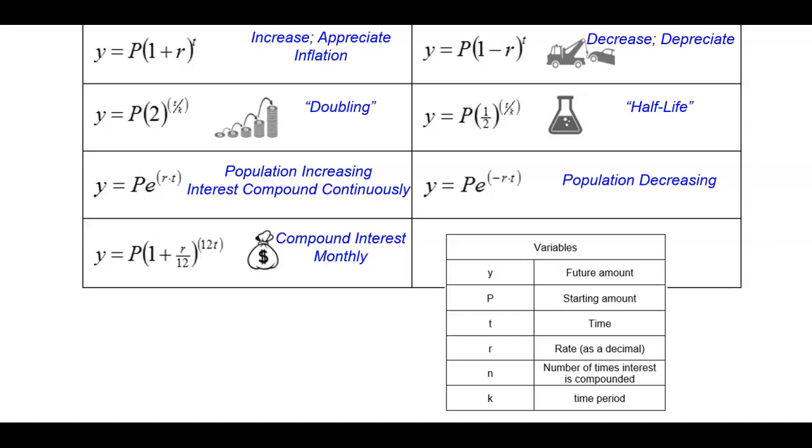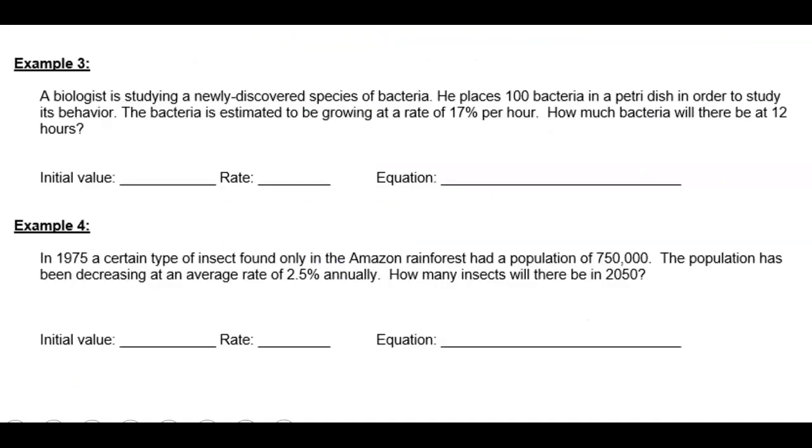Whether it's humans or bacteria, you don't just get a new set of humans every year. It's continuous, people are coming and going, being born, all that good stuff. So this is continuous. P times e to the RT power. Cool? So back to example 3.